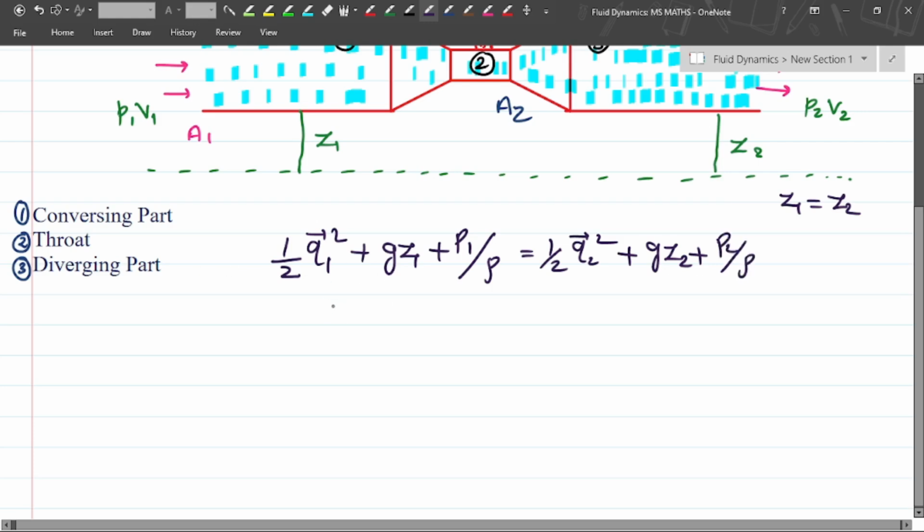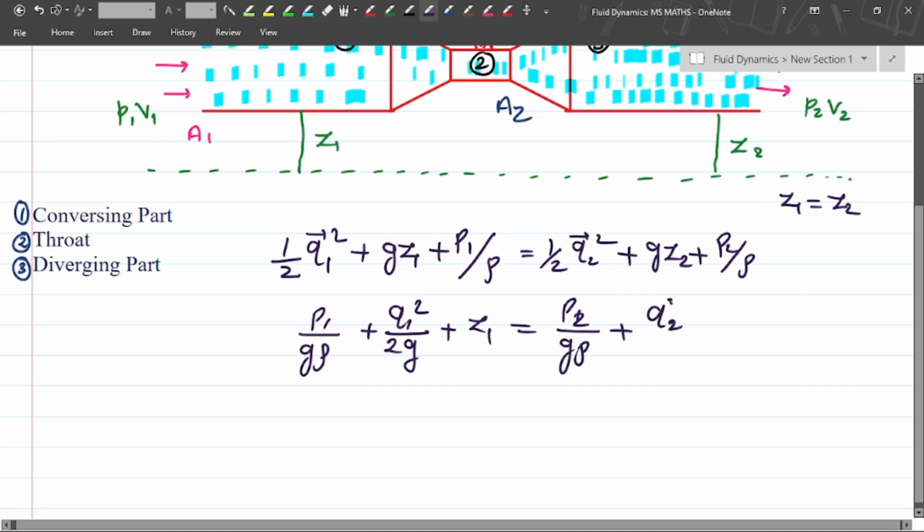Now after dividing by g, we can write P1 upon rho g plus q1 square upon 2g plus z1 equals P2 upon rho g plus q2 vector square upon 2g plus z2. Now z1 and z2 cancel.